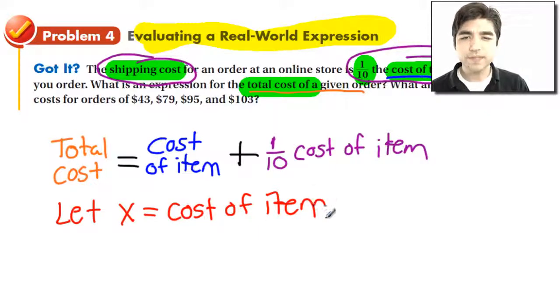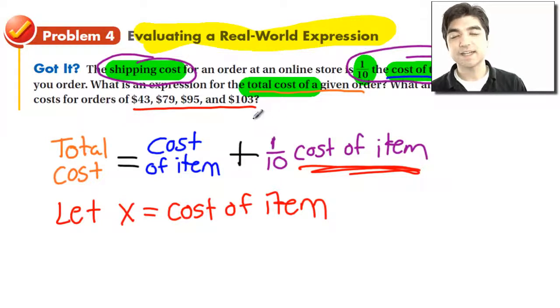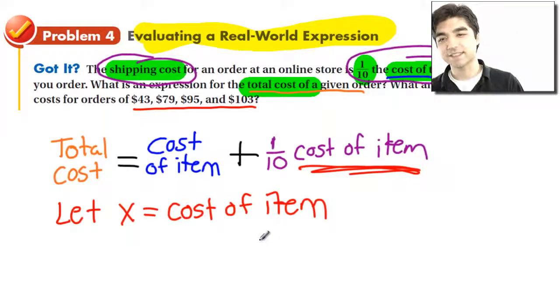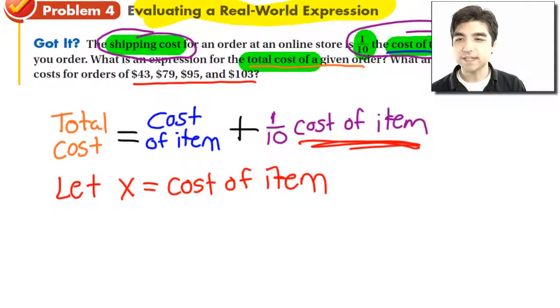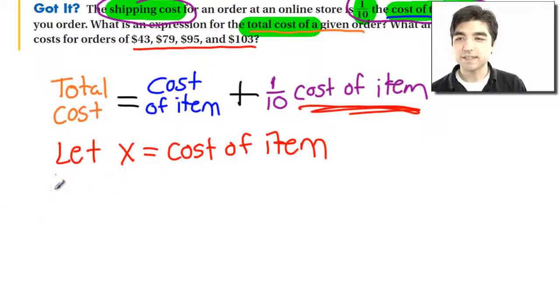Variables are things that change. The thing that's changing here all the time is the cost of the item, because it could be $43, $79, $103, etc. So let's let x equal that, and then let y equal total cost.